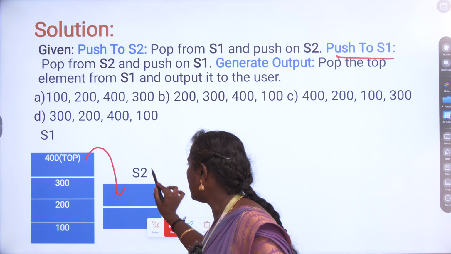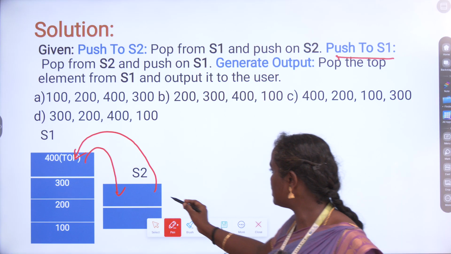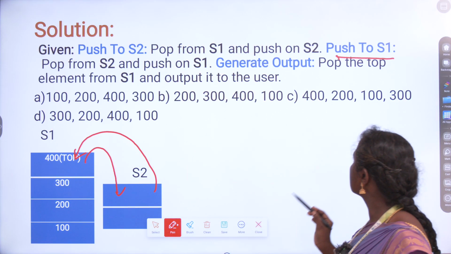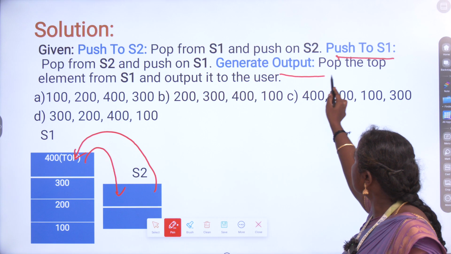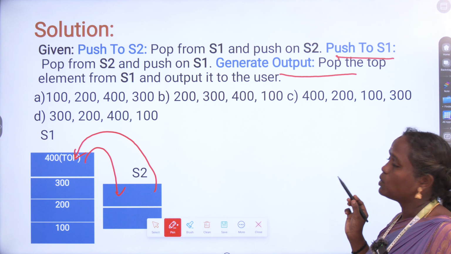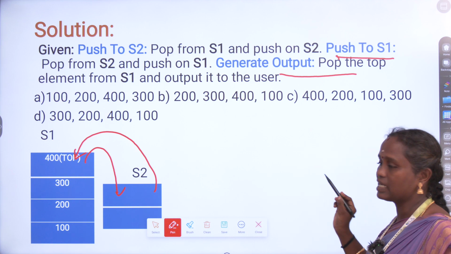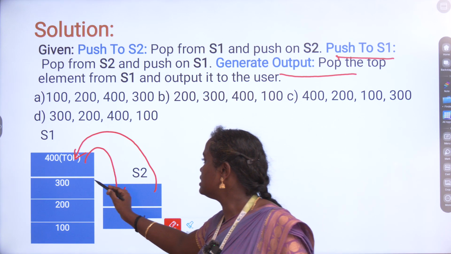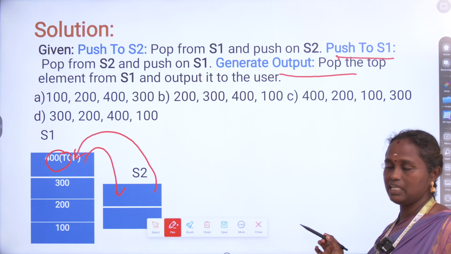Again, we can pop the top value from S2 and push the value onto the stack S1. So this also they have given, right? What's another thing they have given? Generate output, that is, pop the top element from S1, and only that we can consider as an output, right? So if you want to generate an output, we have to take only this top value, right? So they have given the conditions also.